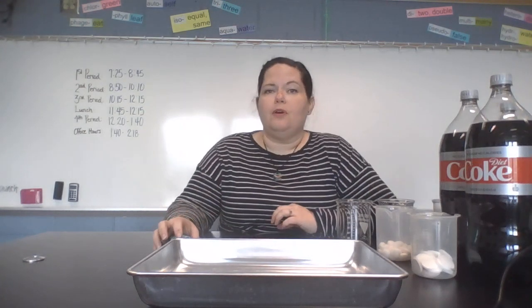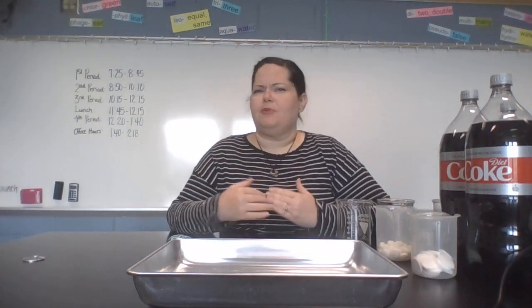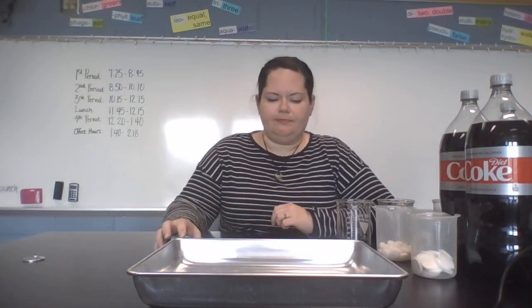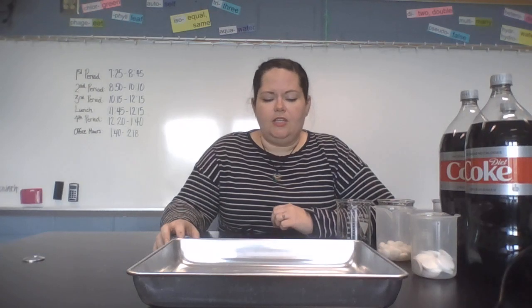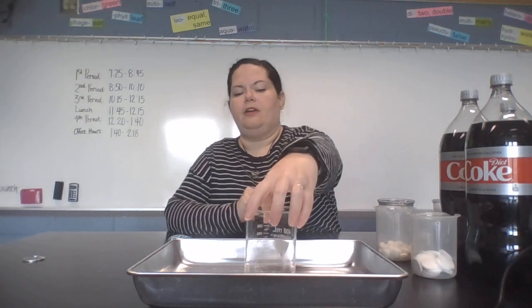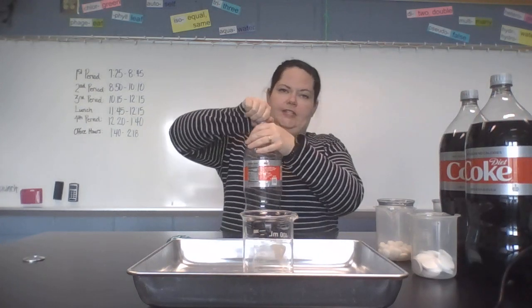All right, so we are going to get started. We're going to do 4 different trials. We're going to change some things, and we're going to determine if each trial was fair or not. All right, so first up, we are going to do 1 beaker with 200 milliliters of Diet Coke.